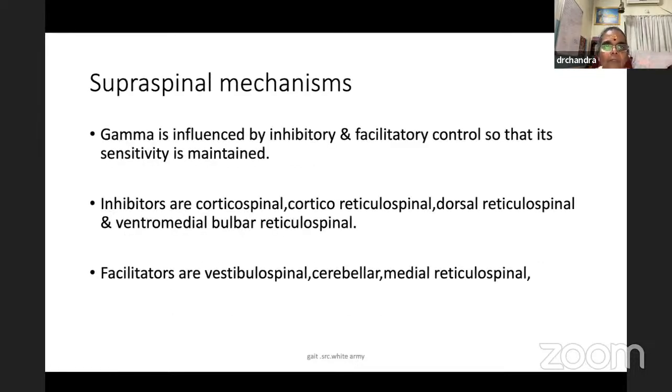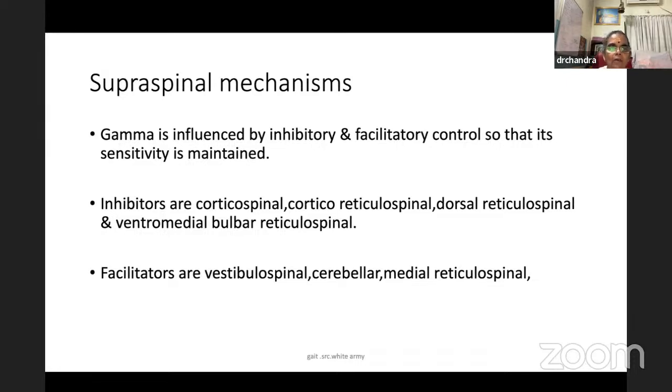And as I said, regarding supraspinal mechanisms, the gamma motor neuron, alpha motor neuron, and Renshaw cells are there in the ventral horn. Gamma is for intrafusal and spindle sensitivity. Gamma in turn receives inputs from cerebellum, basal ganglia, and cortex. Information through all this will decide for how much intrafusal contraction the extrafusal should contract or relax.